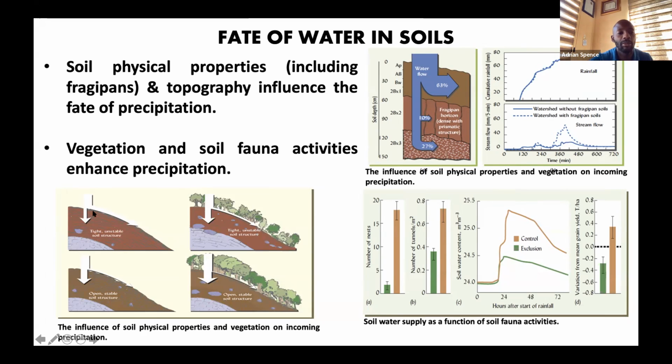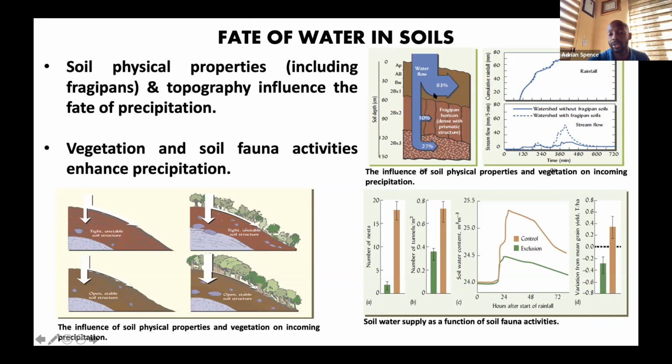Where you have bare soil, it's going a lot that way and a lot this way, but usually more this way, especially because of the slope. But once you have included some vegetation, then this becomes a lot smaller and more water is going down through here. And of course, the level of compaction, information which you can get from bulk density, will also determine how much water percolates into the soil.